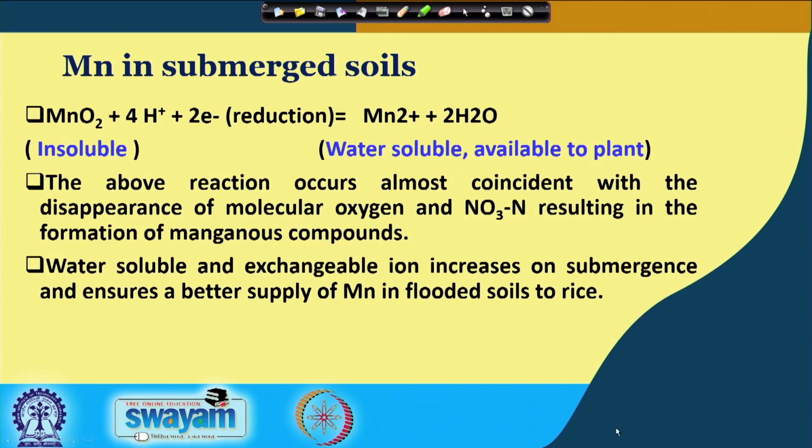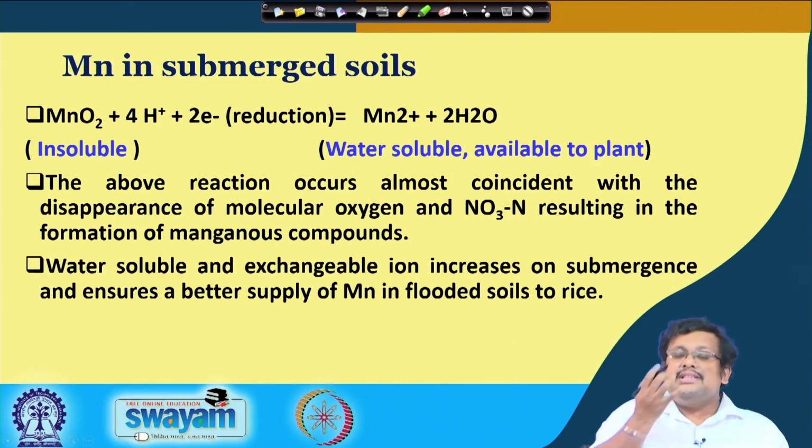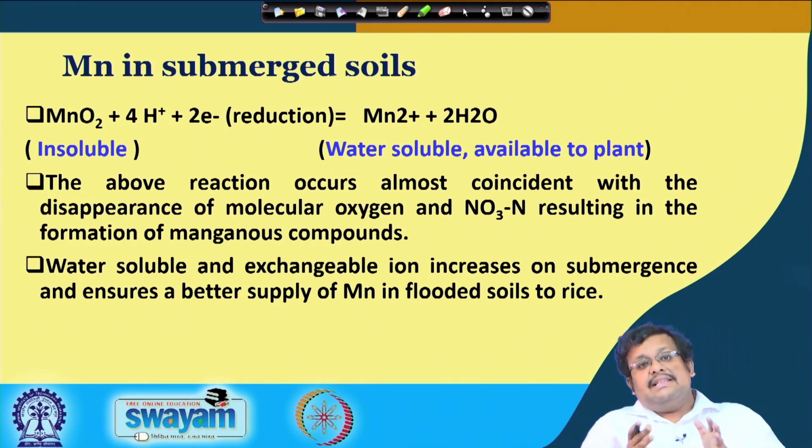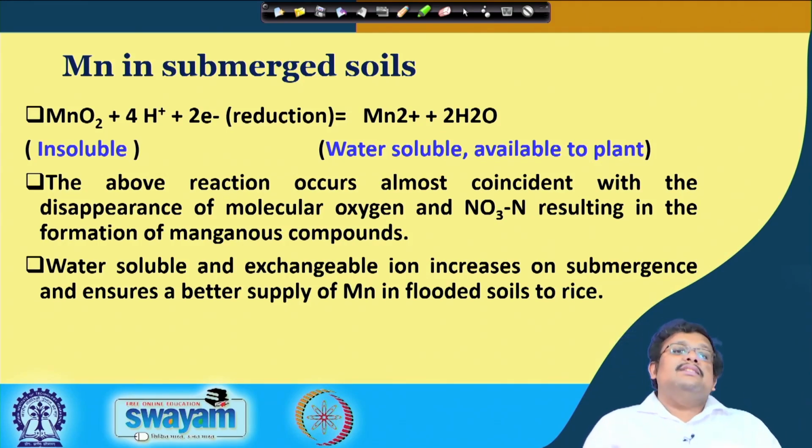Okay. So, let us talk about the manganese in submerged soils. In case of aerobic condition, the manganese dioxide is present, and when it is getting reduced in the submerged condition due to the reduction of redox potential, it converts to the Mn2+ form and also water. Now, this Mn2+ is water soluble and available to the plant, and this reaction occurs almost coincident with the disappearance of molecular oxygen and nitrate nitrogen, resulting in formation of manganese compounds.